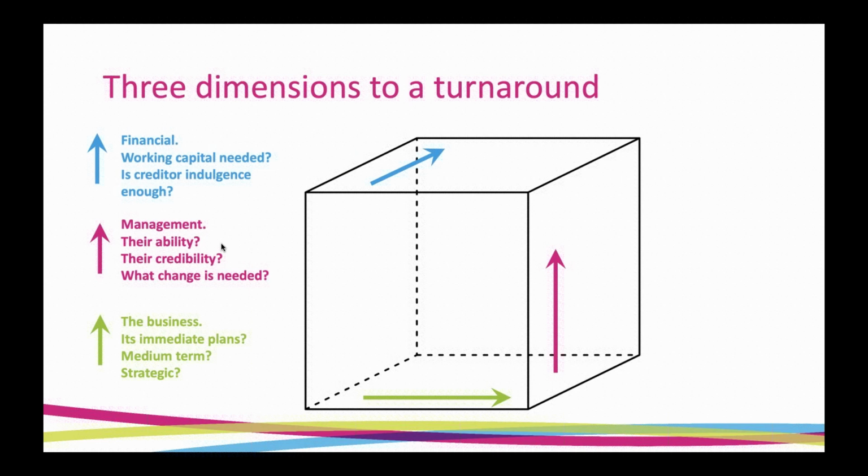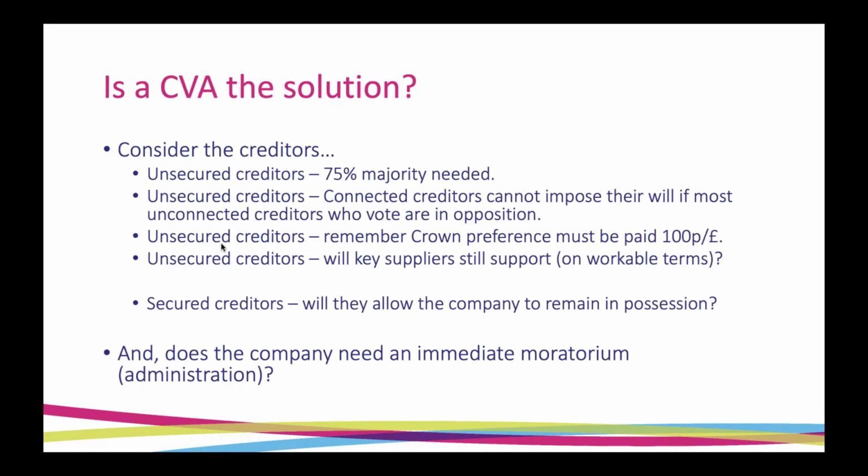But if in any way the world has changed, the business sector has changed, then we'll need to look at what adaptations the management can make and whether some of the people running the business need to be changed. And then you'll be looking at the business plan for the business itself, what its immediate plans are in terms of turning itself around, trading back to normality, what the medium plan is, and what its strategic objectives are. So those are the 3 dimensions that you're looking at.